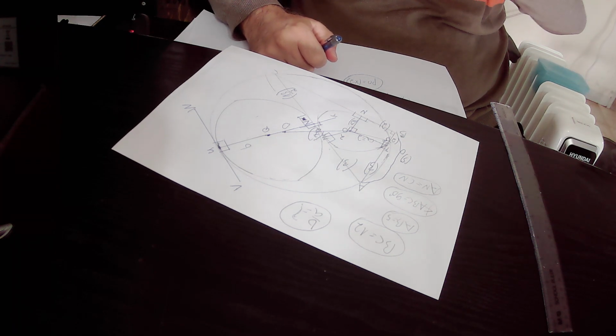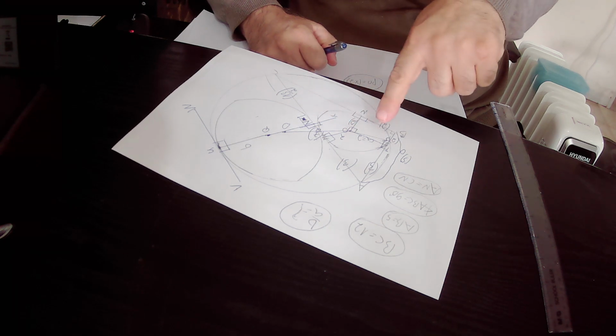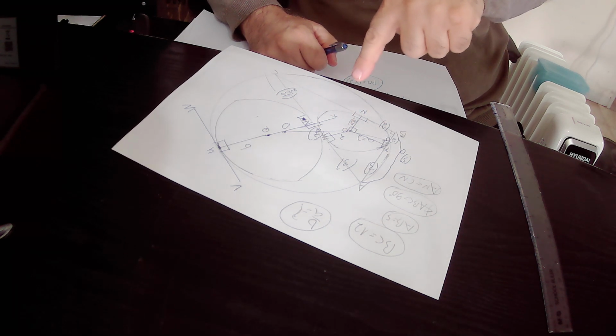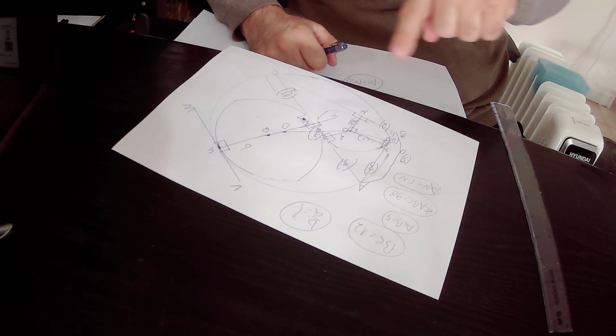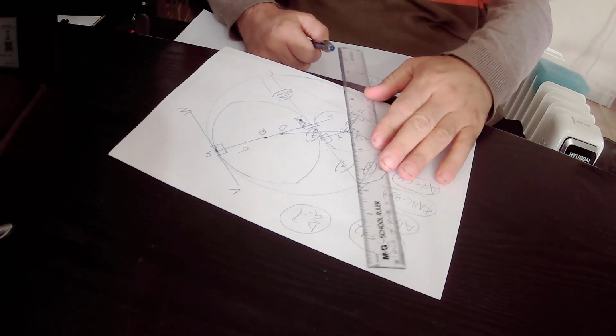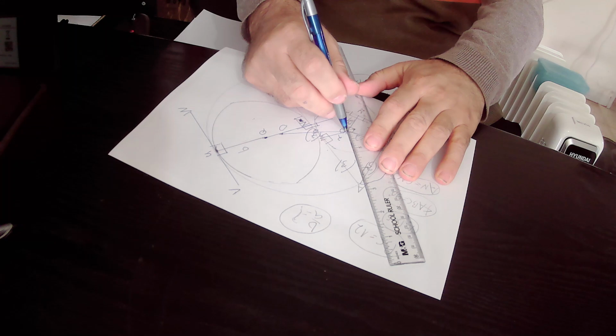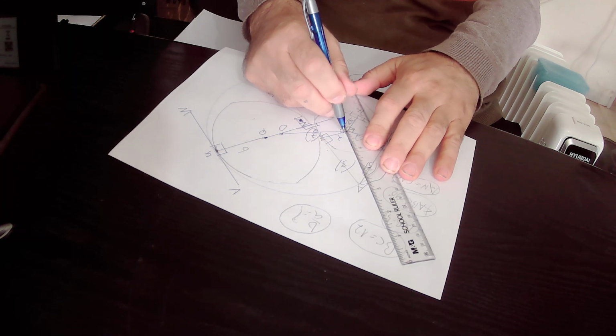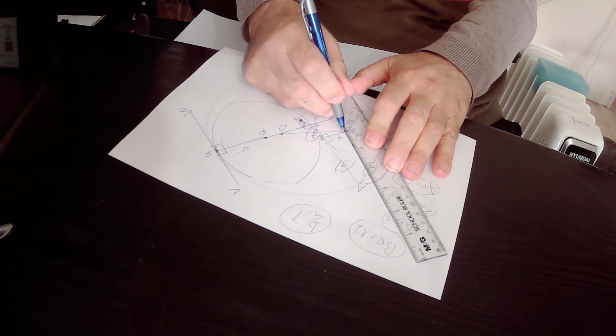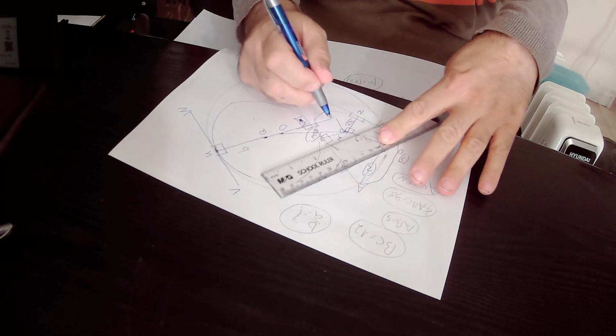In the next step, we draw a perpendicular on the radius MP at point P. So this angle equals 90 degrees according to our construction.